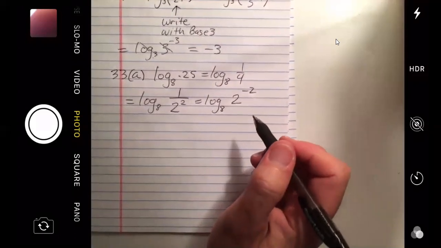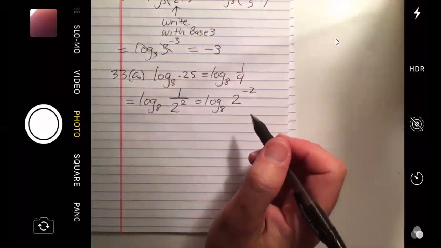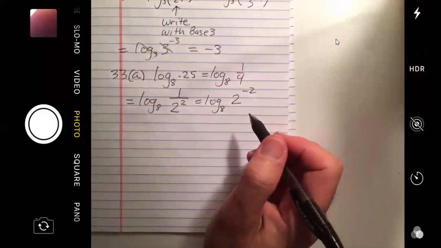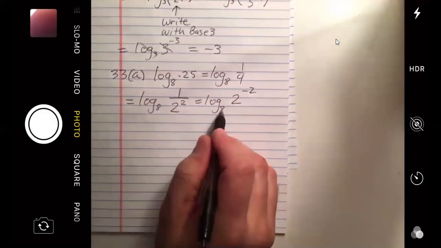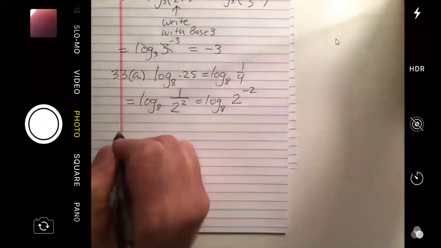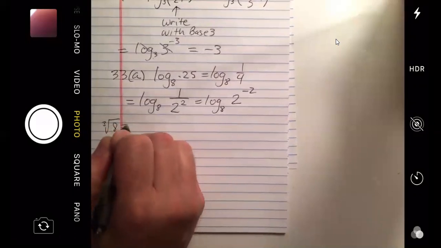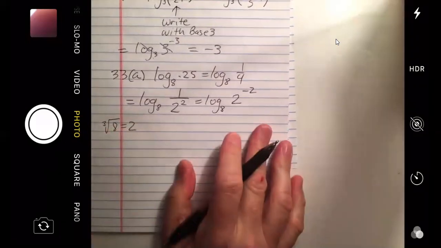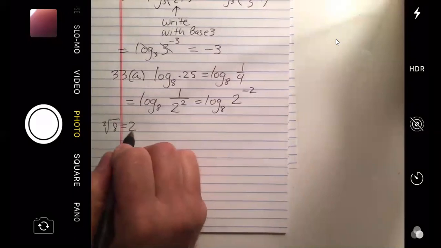Now I'm trying to see. Oh, yeah. Okay. To get to an 8, again, some of these things are really tricky. If you remember, the cube root of 8 is equal to 2. Y'all remember square roots and cube roots? A cube root is your number times itself 3 times.